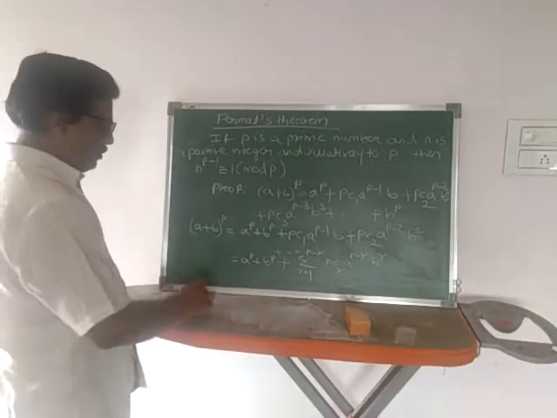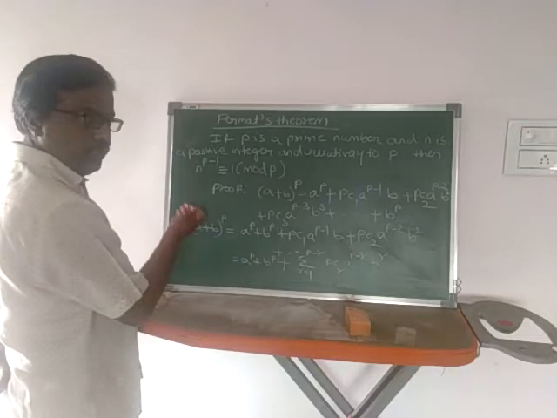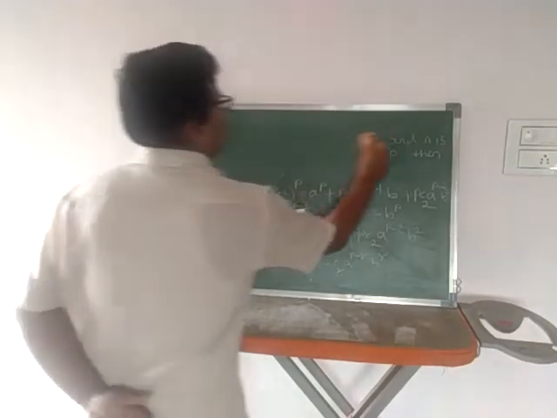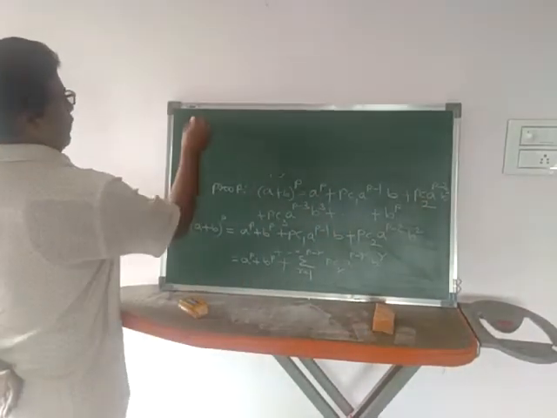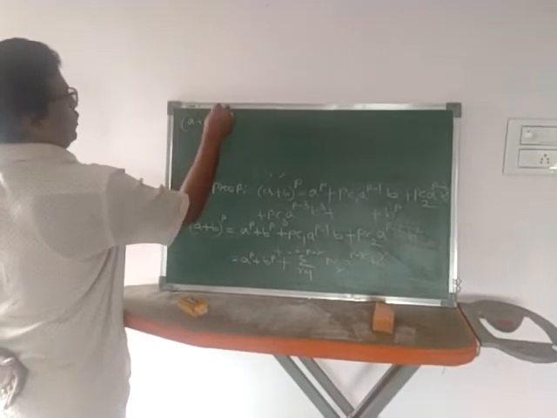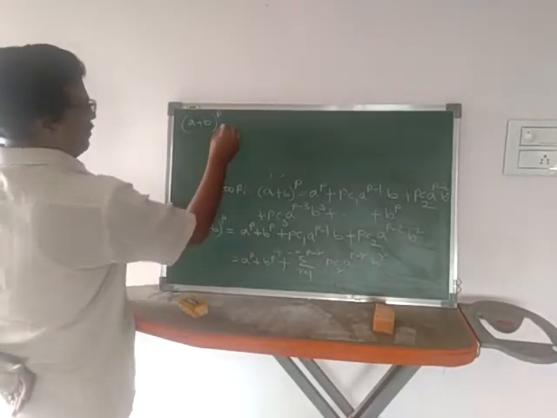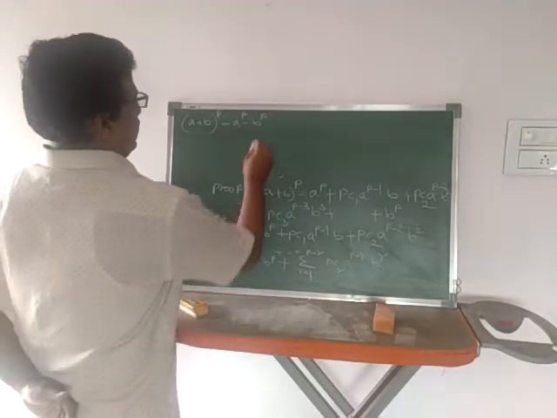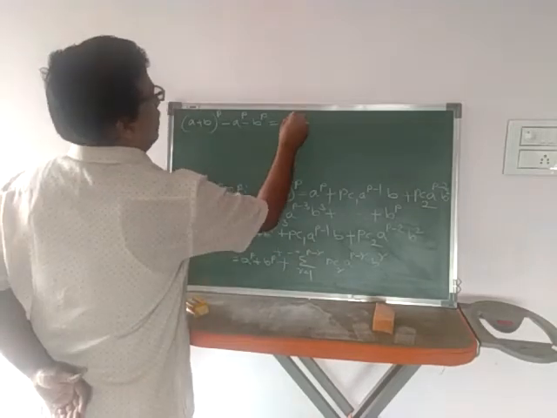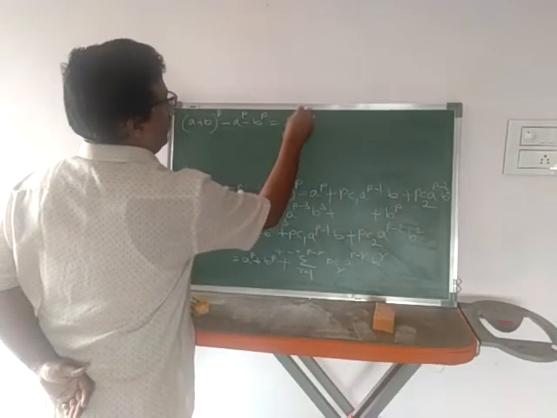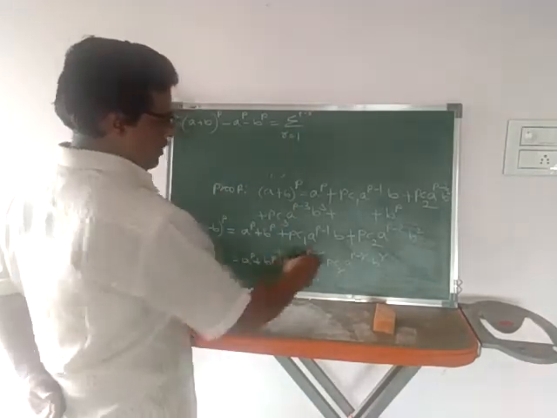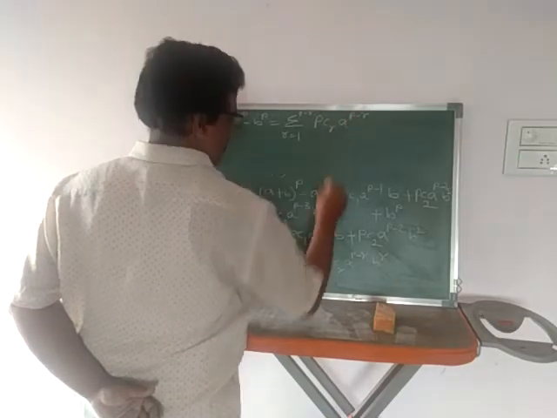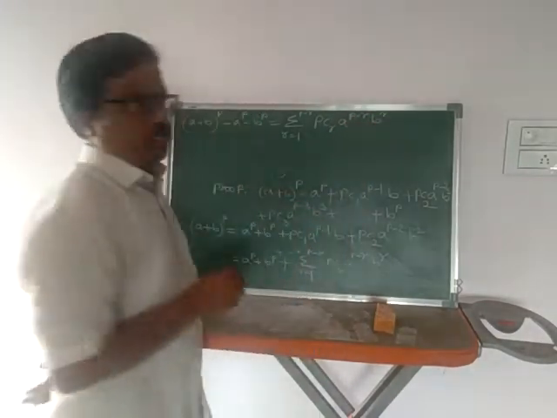Now what we do, bring these two terms here, that is, I write here (a plus b) whole raised to p minus a raised to p minus b raised to p is equal to summation from r is equal to 1 to p minus 1, pCr a raised to p minus r, and the next term is b to the power r.